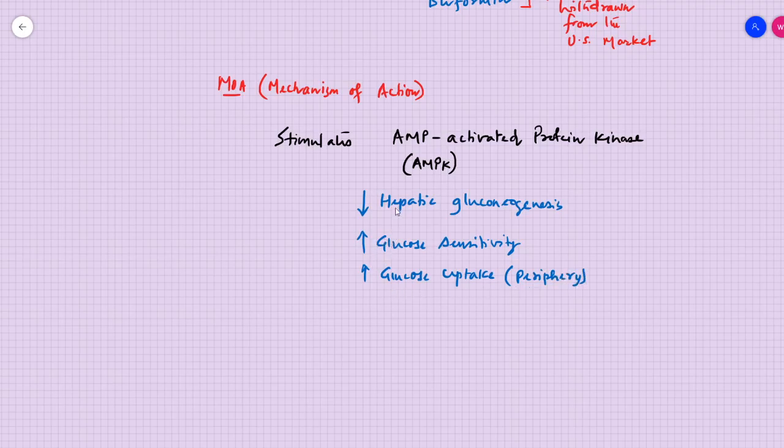And it has got cardioprotective effects. What we mean by that is it decreases the risk of MI, myocardial infarction, so your mortality will reduce.